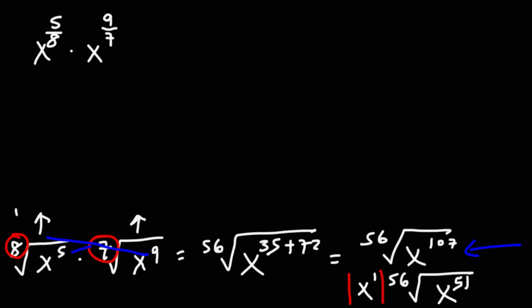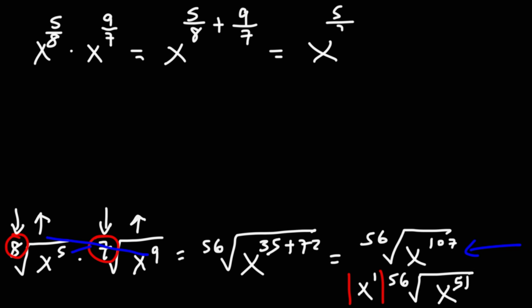The index number should be the denominator. But once again, just like before, we're going to add the two exponents when we multiply the common bases. And then we're going to get the same denominator. So 5/8 I'm going to multiply by 7/7. And 9/7 I'm going to multiply by 8/8 to get the same denominator.